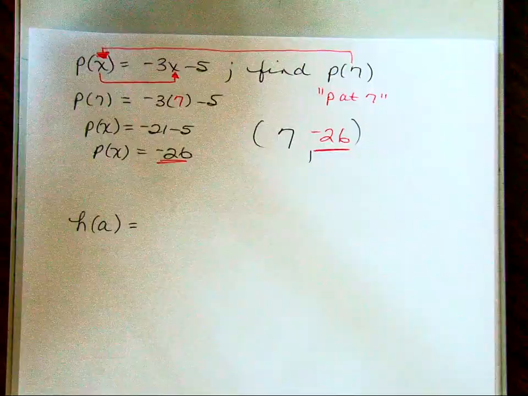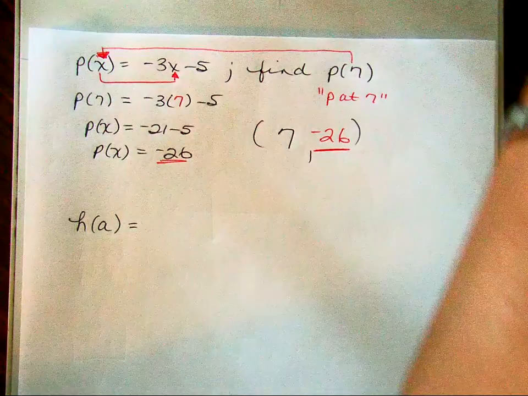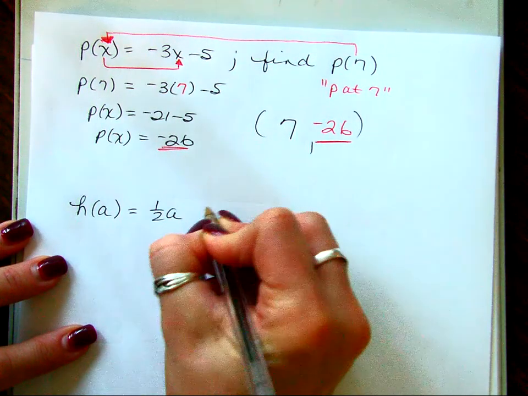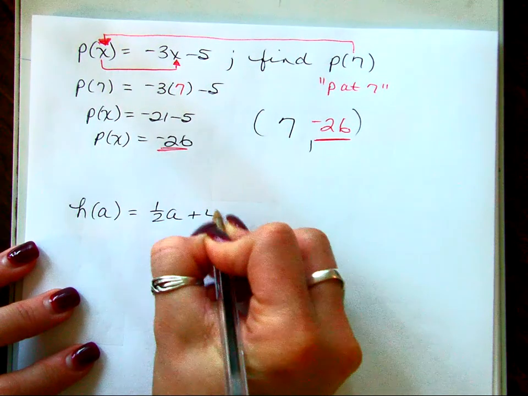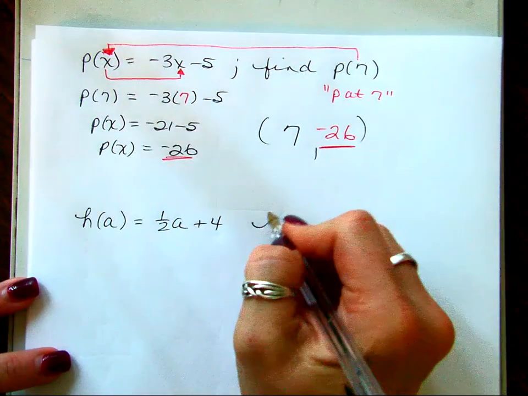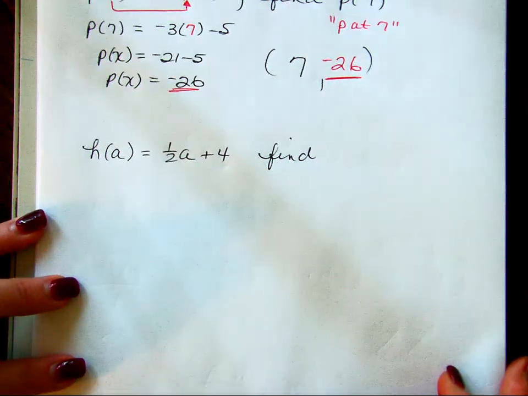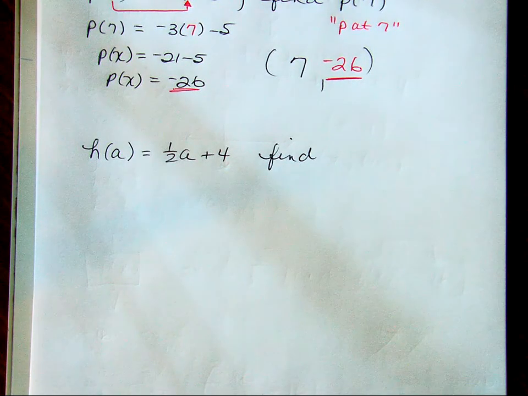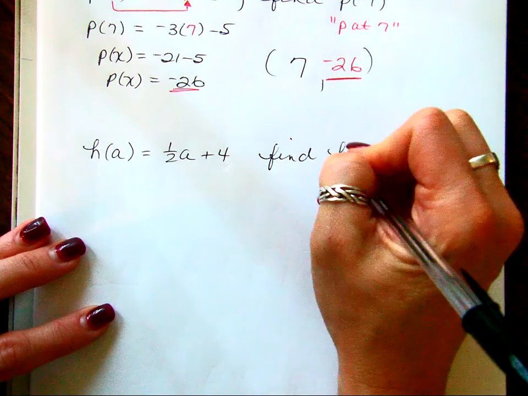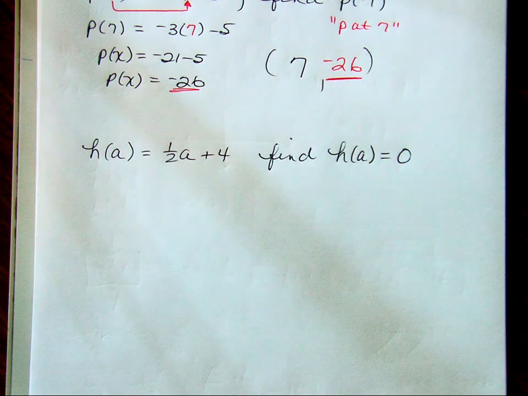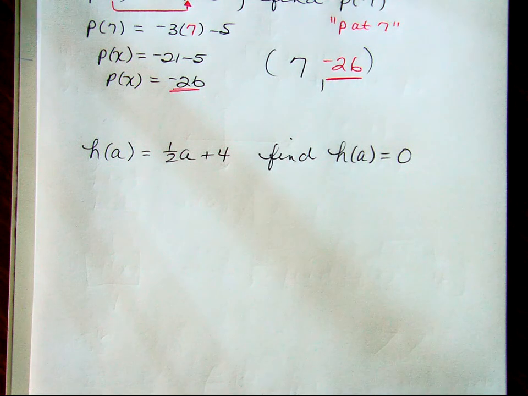So let's do h of a is equal to 1/2 a plus 4. I can give you this problem, but you can't do anything with it until I tell you what I want you to find, right? I want you to find h at a equal to 0. So if you are good with your calculations, the hardest part about this is going to be figuring out where you put the 0.